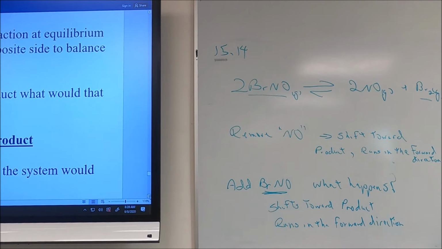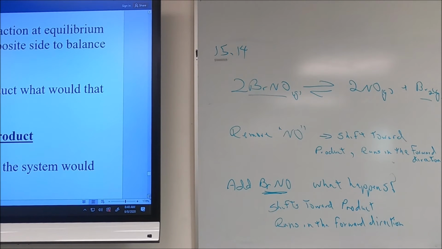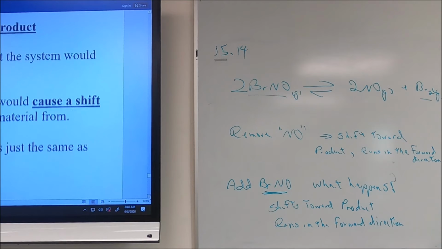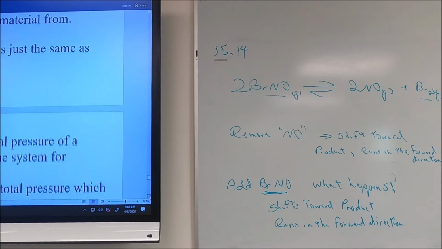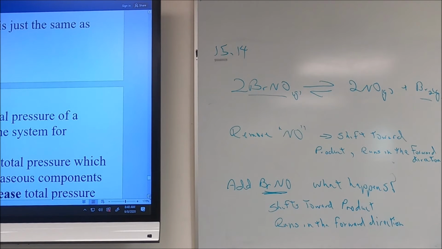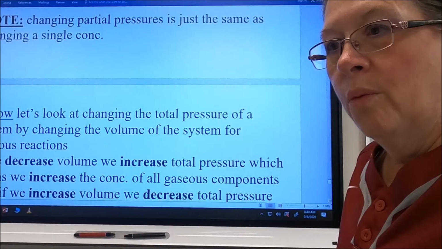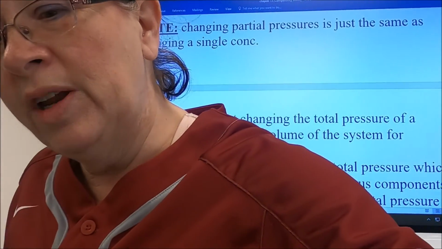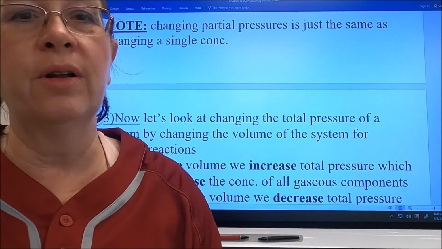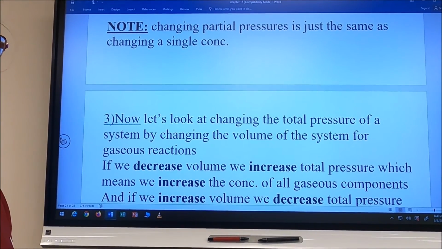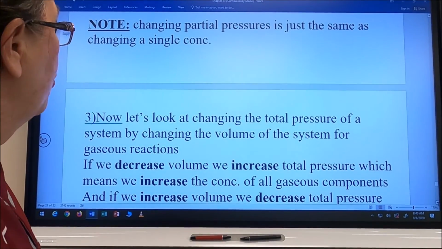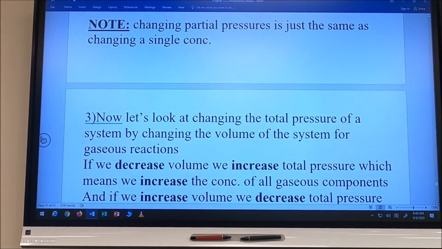Now we're going to look at changing pressure. Okay? So let's think about changing pressure. Now, thinking about changing pressure, we want to distinguish between changing a partial pressure and changing the pressure through changing the volume of the container.